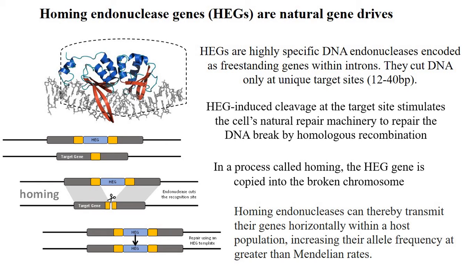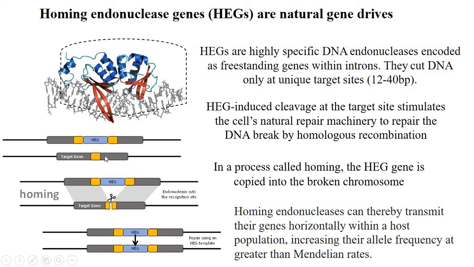So now both chromosomes have the homing endonuclease, and that individual is now homozygous for that endonuclease. This is called homing. That means this homing endonuclease gene has been copied into the broken chromosome.